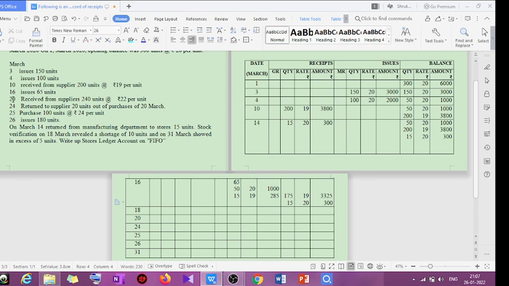After 16th we have 20, but the adjustment on 18th March revealed a shortage of 10 units. So whenever there is a shortage, okay, shortage means it is an issue. There is a loss of some units. Okay, so under the issue column, mention the units, that is 15. There is a shortage of 15. Now, what rate do you have to take?